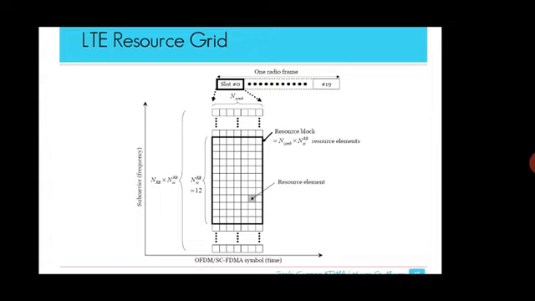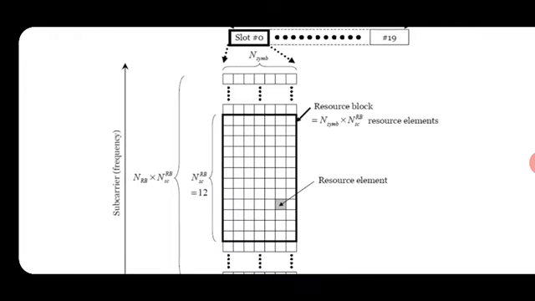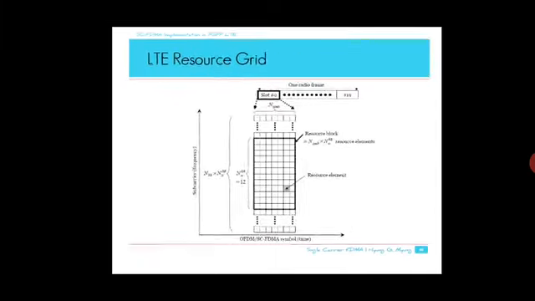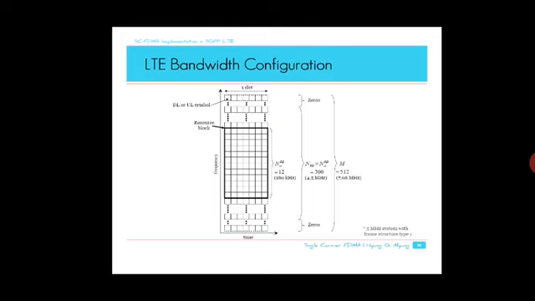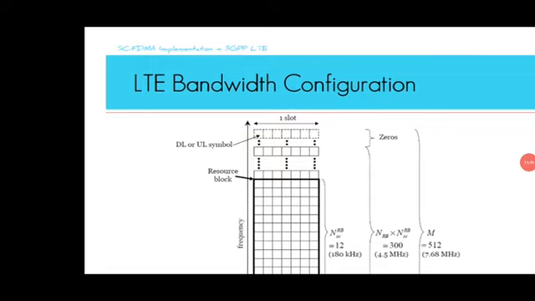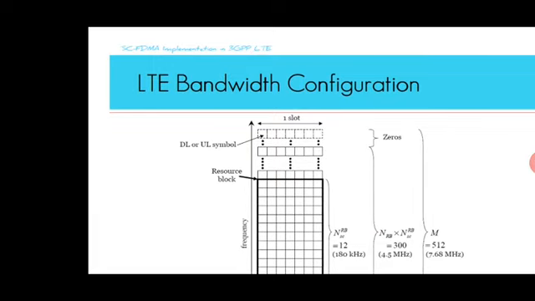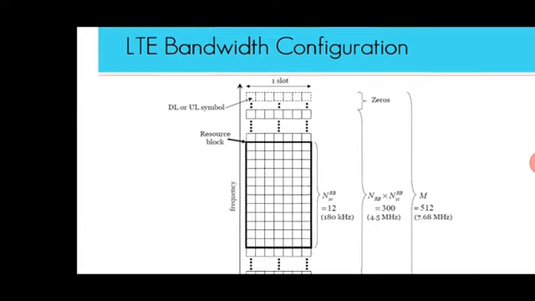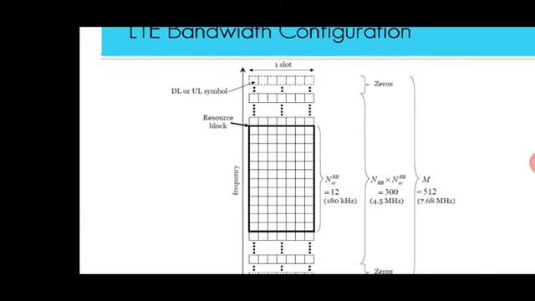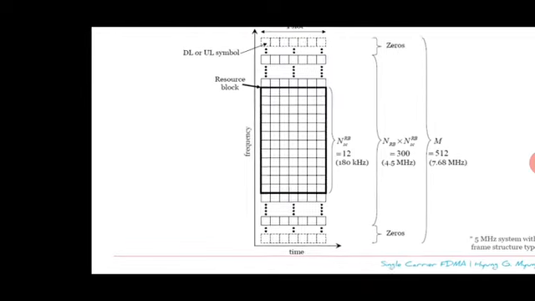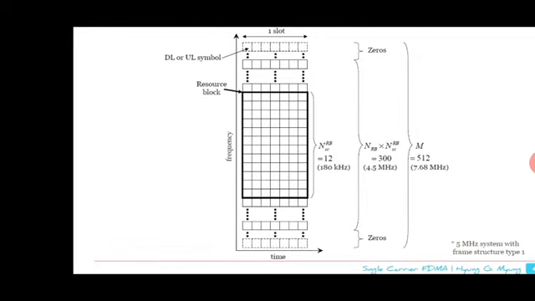How many will there be? N_RB times N_sc^RB, where each indicates a resource element, that is, a subcarrier frequency for the OFDM. Similarly, for the bandwidth configuration of operation, for downlink and uplink, one slot duration will be divided like this, and the total frequency will come up.